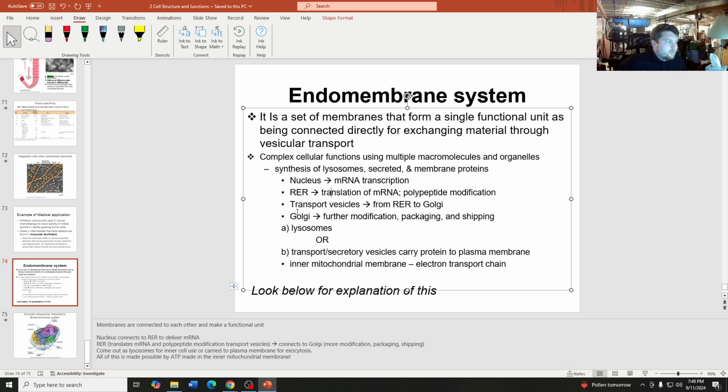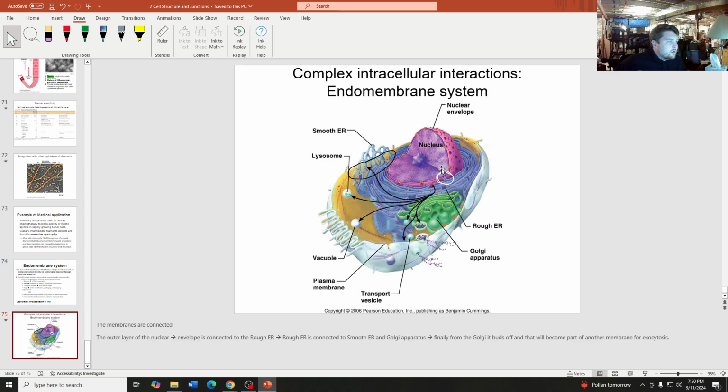And then we go to transport vehicles to the Golgi. The Golgi modifies it, packages it, and ships it. And then we get lysosomes inside of the cell itself, or it goes to the outer membrane. And again, a little bit more information is here down below. So this whole pathway shows where everything is going with the endomembrane system.